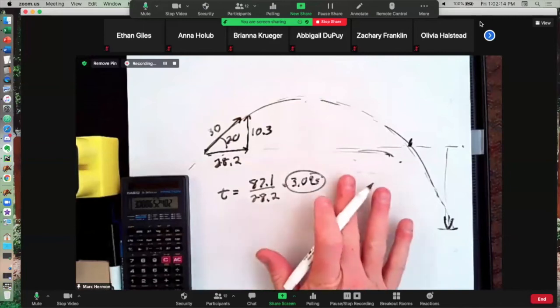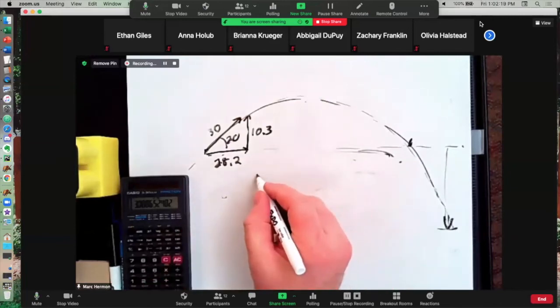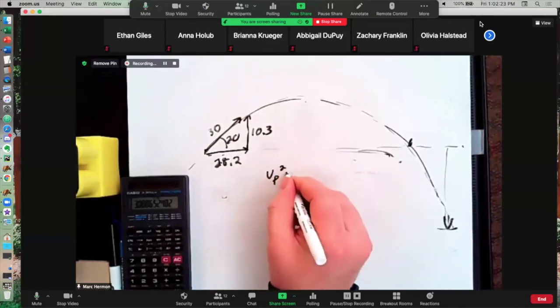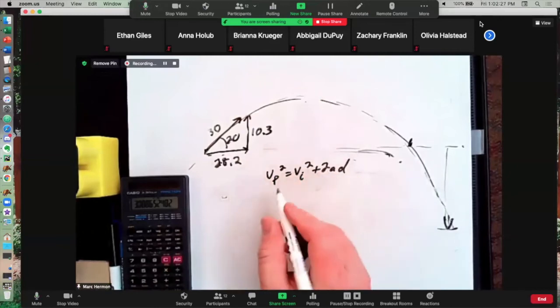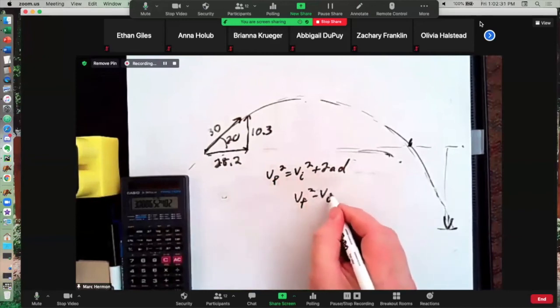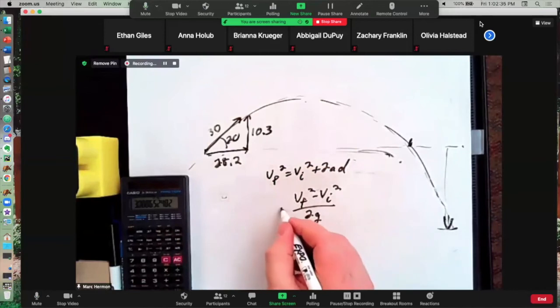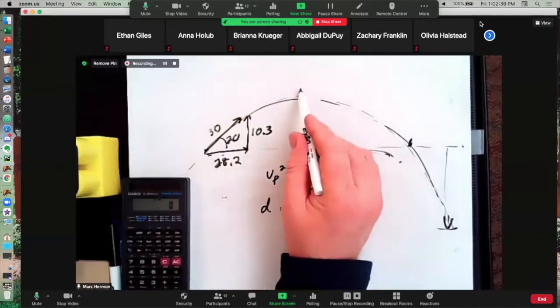Okay, and then we need the height. So the height is going to be, we're going to use VF squared equals VI squared plus 2AD. VF squared minus VI squared over 2 gravity should equal D. So the final velocity up here is 0.